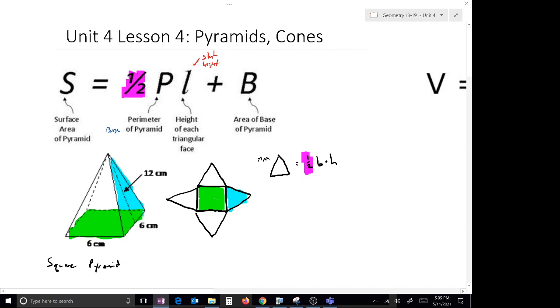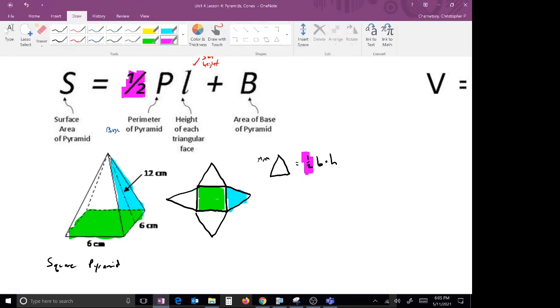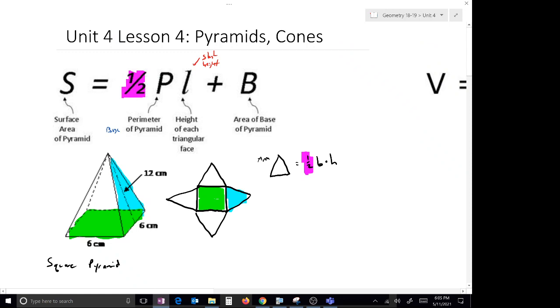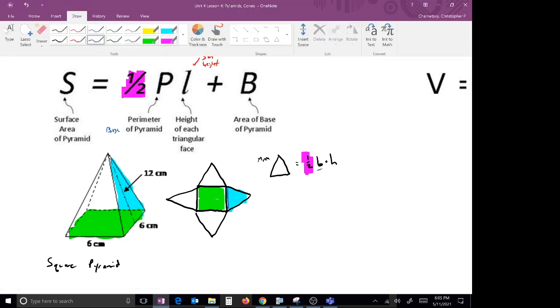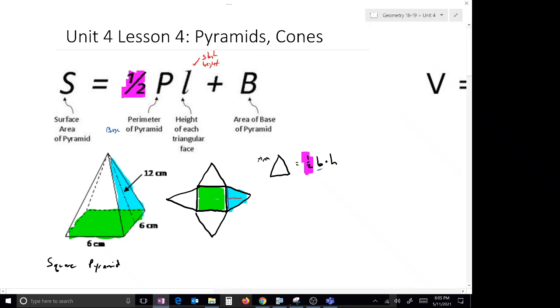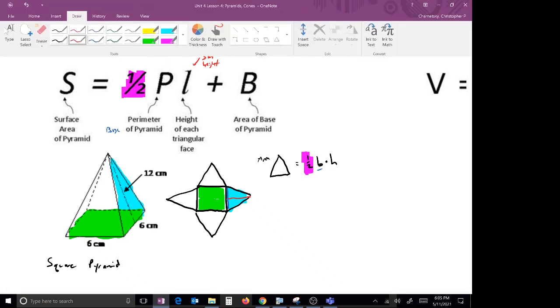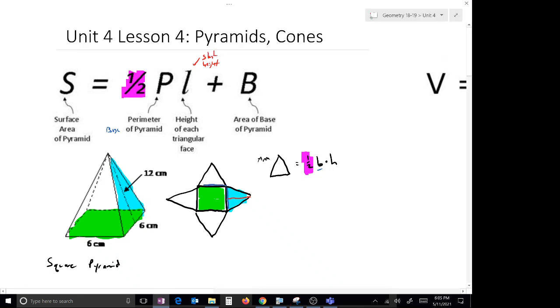And we could find the area of just one triangle's base and one height and then do that 4 times. But if instead we use all 4 bases, or however many triangles we have, if we find the perimeter of the base and multiply it times the height, we're going to get all 4 triangles at once. So that's what we're doing with the perimeter of the base there.